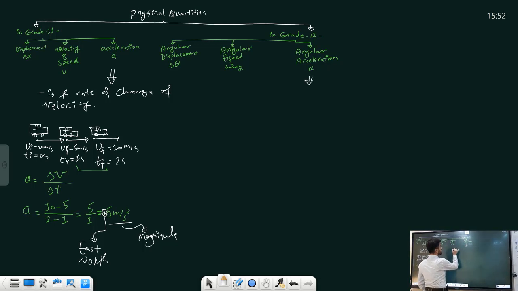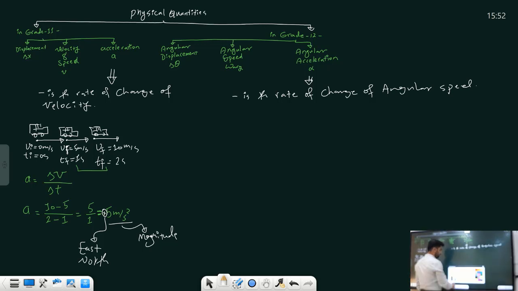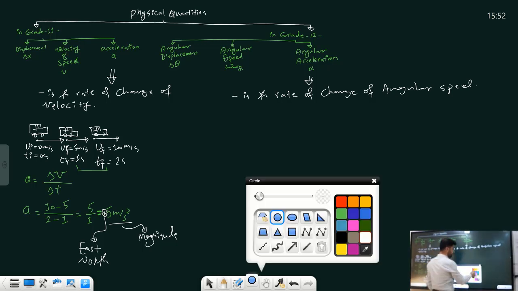Now I am going to talk about angular acceleration. Angular acceleration is the rate of change of angular speed. Let me give you two examples.